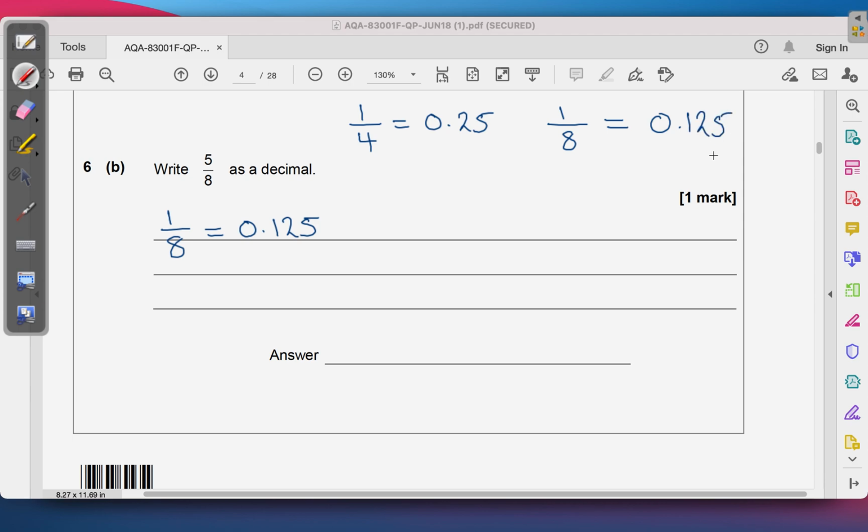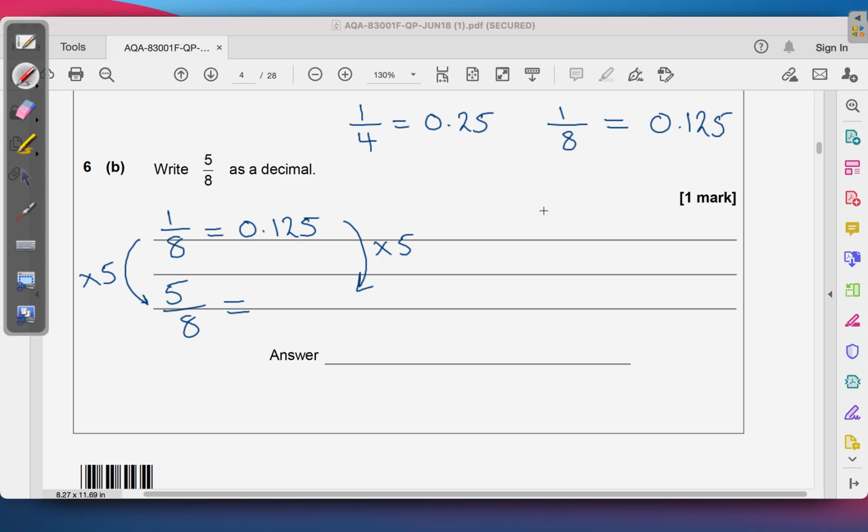Then if we have 1/8, we can work out 5/8 simply by timesing by 5, because 5/8 is just 1/8 five times. So it's the same for the decimal. 0.125 times by 5 gives us 5/8.